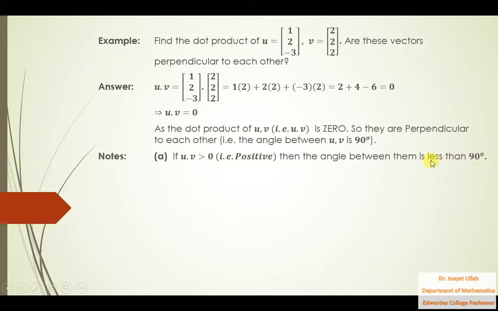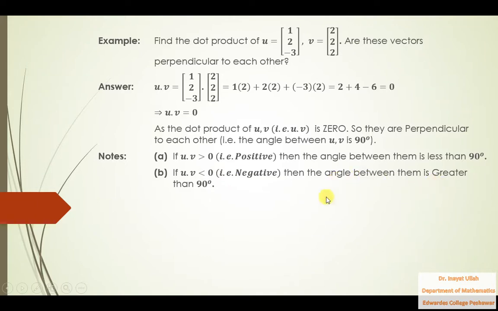And whenever the dot product is negative, then the angle between them will be greater than 90 degrees. So you may say that the angle between two vectors will be greater than 90 degrees if the dot product is less than 0, and the angle between those two vectors will be less than 90 degrees if the dot product is positive.